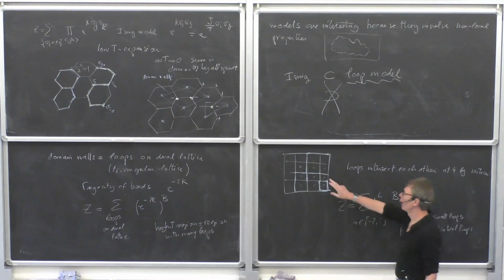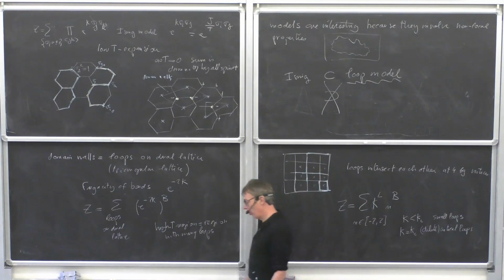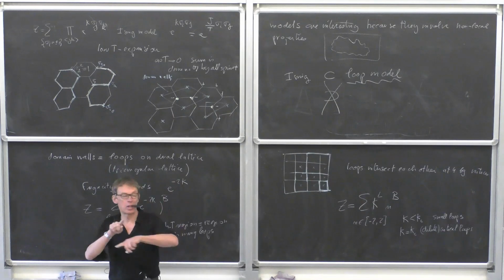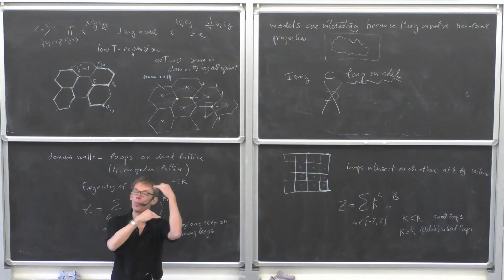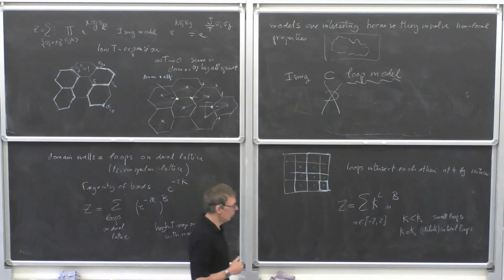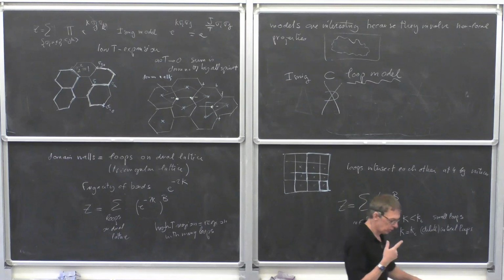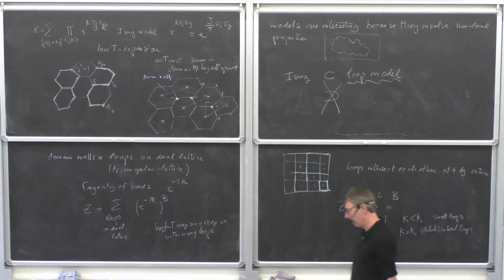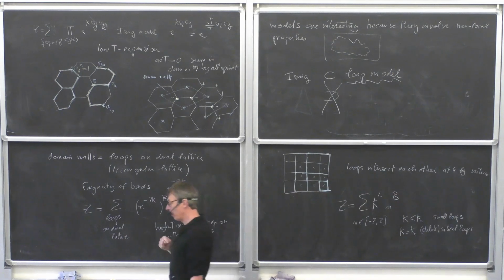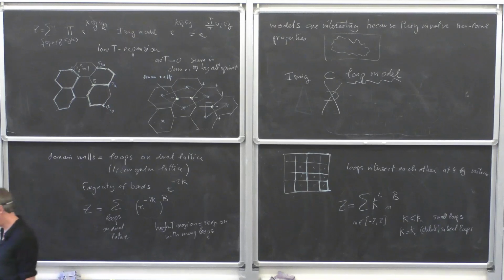That is, you could consider a model where you allow loops to go over edges twice, 3 times, 4 times, provided there's an upper bound. You could allow models where you allow loops to intersect themselves once, twice, 3 times, provided there's an upper bound. Every time I claim you're going to have this universality class. The only case where you would not have this universality class is if, instead of self-avoiding loops, you had Brownian loops.